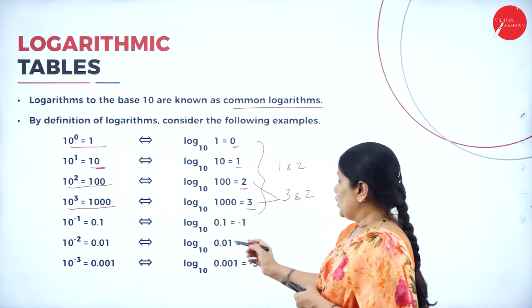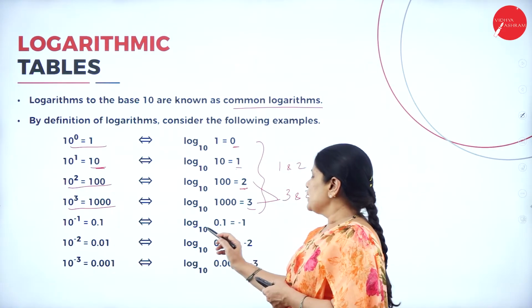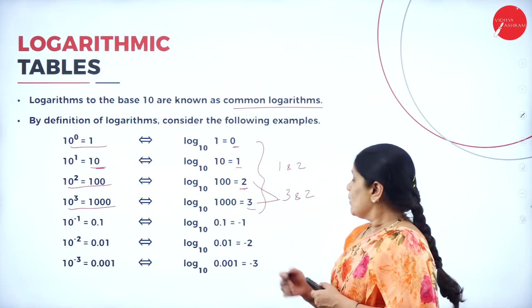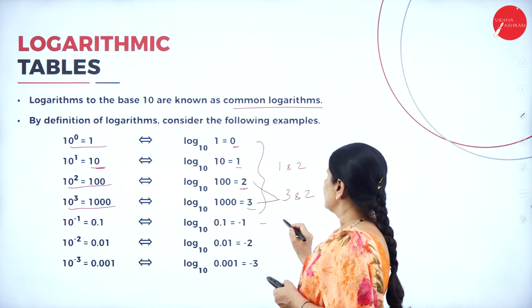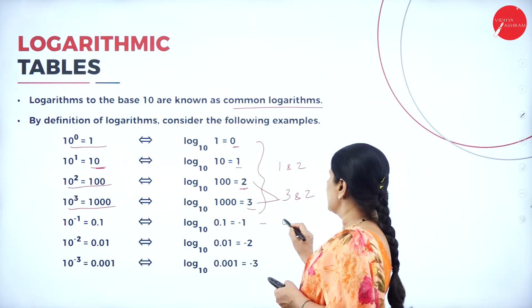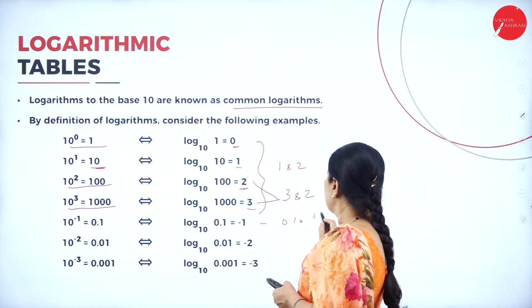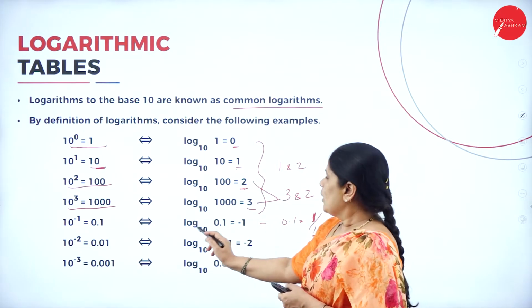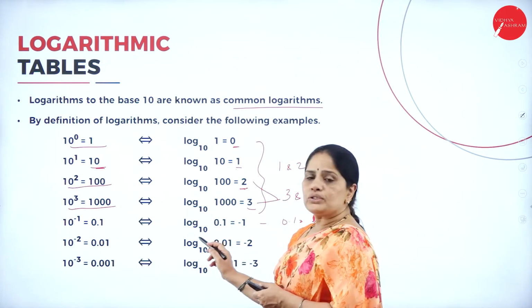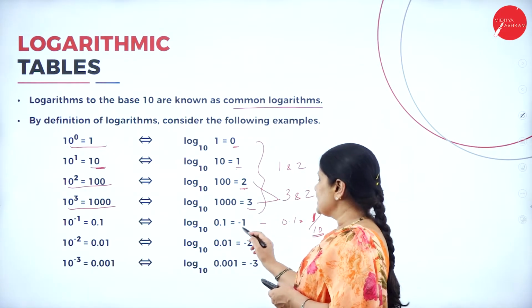Okay, now log of 0.1 to the base 10. What is log of 0.1 to the base 10? In other words, I can write 0.1 as 1 by 10. Log of 0.1 to the base 10 equals minus 1.